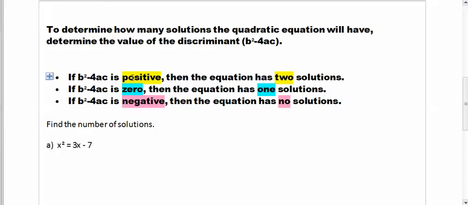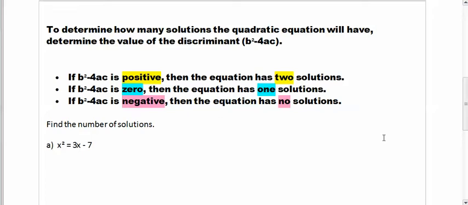If it comes out to be positive, that equation has 2 solutions. If you do b squared minus 4ac and you end up getting 0, then the equation has 1 solution.